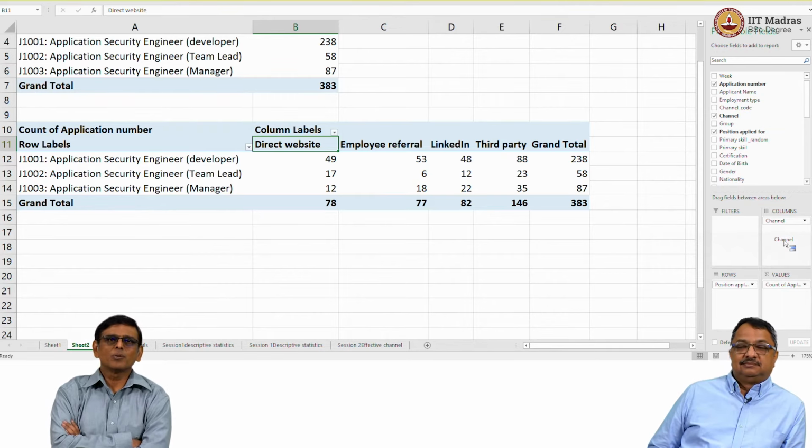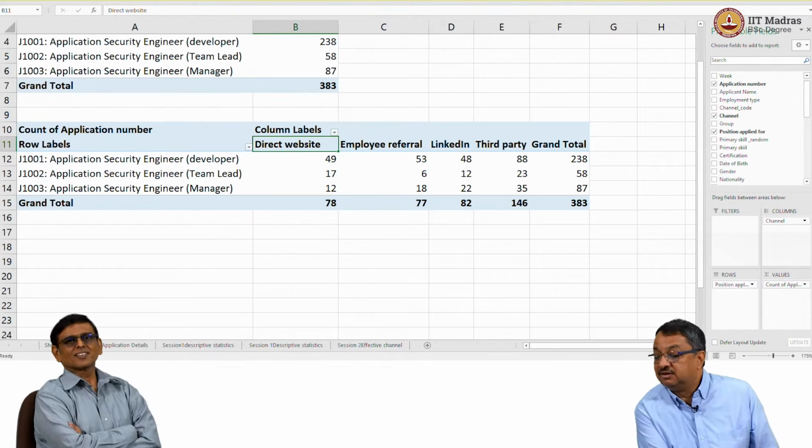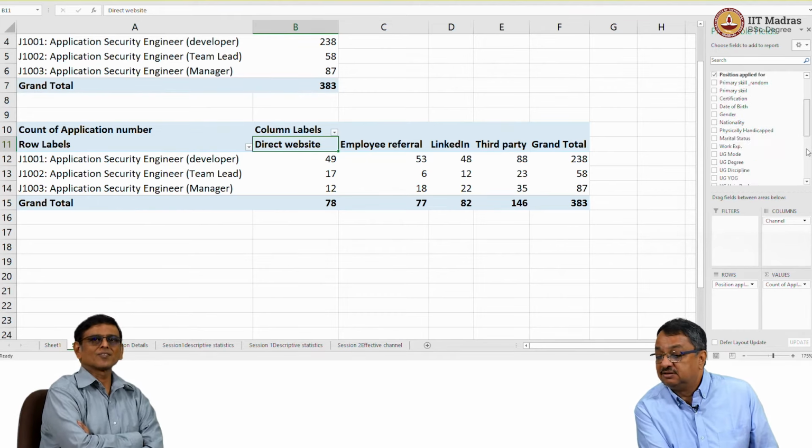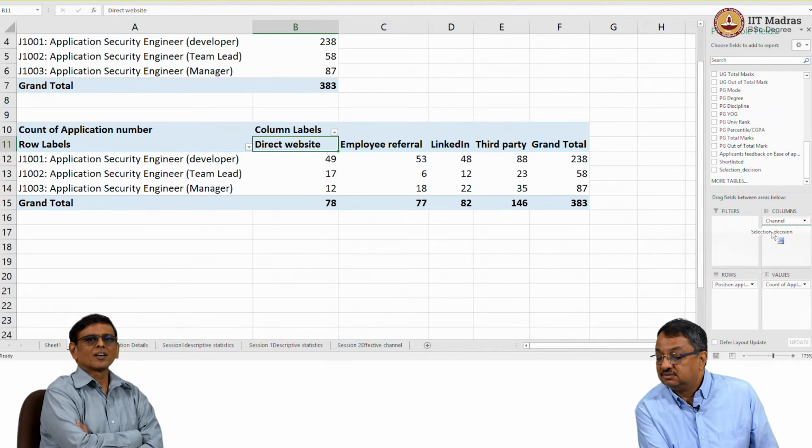And then third would be third party website. I don't know. We'll see. If you want, I can do that. You want to look at selected? Yeah. Make another table.